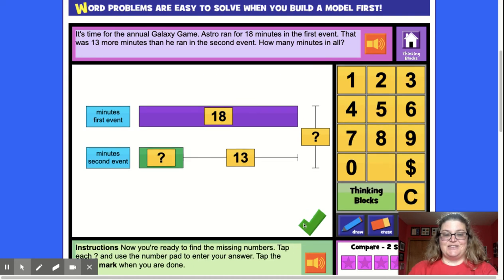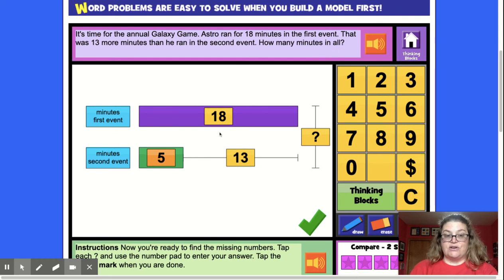All right, so let's take a look. Now if we know that 18 minutes was the first event and it was 13 more minutes than the second event, then the mystery number here plus 13 must equal 18. So I believe that's going to be 5. But the question is, how many minutes in all did Astro run?